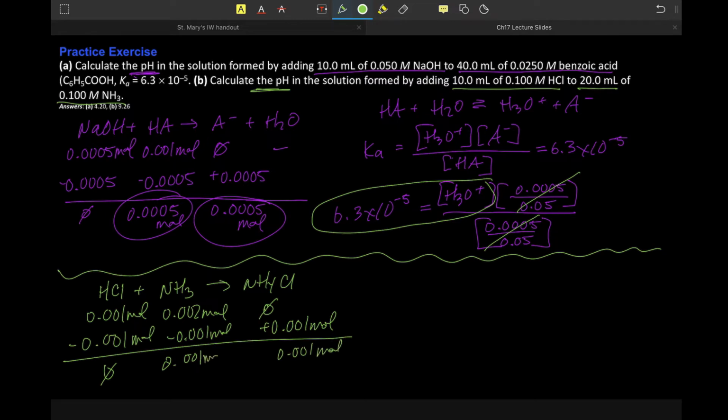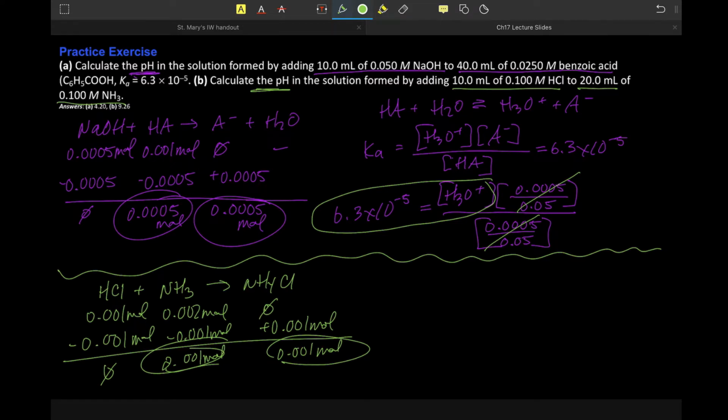Where the moles of ammonia equal the moles of ammonium, or we could say that HA is equal to A-, which means that just like in the previous example, if HA equals A-, that also means that our H3O+ is equal to our Ka.